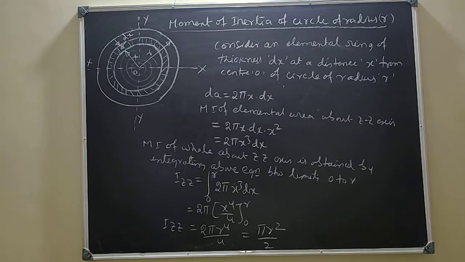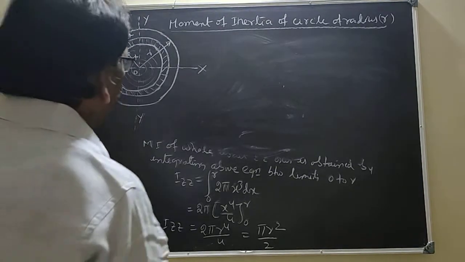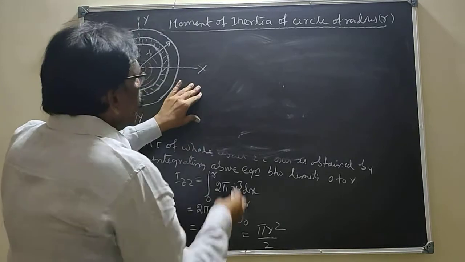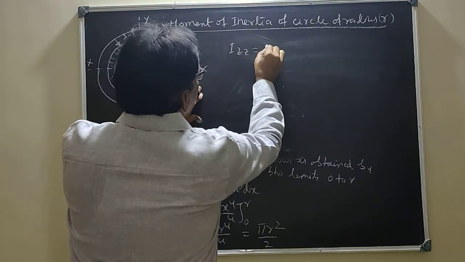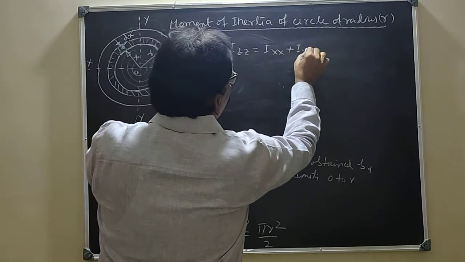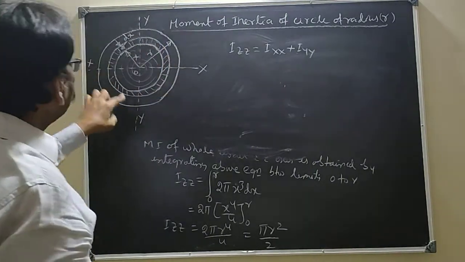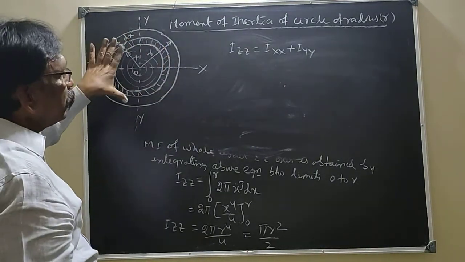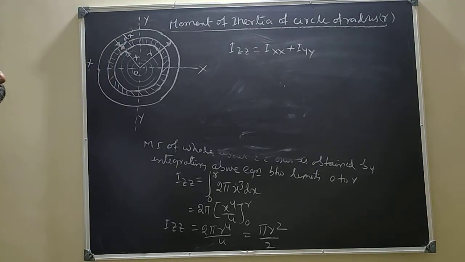Again we know that, by the perpendicular axis theorem, Izz is equal to Ixx plus Iyy. Now the Ixx and Iyy for this circle are the same because it is symmetrical about both the axes.